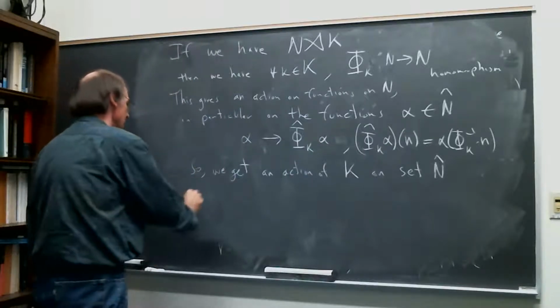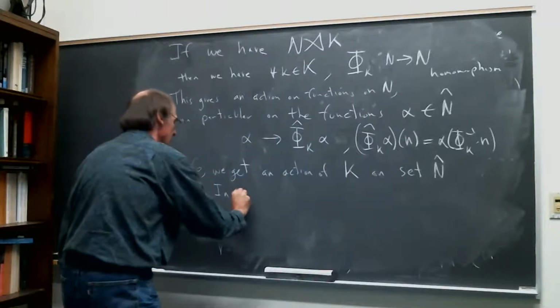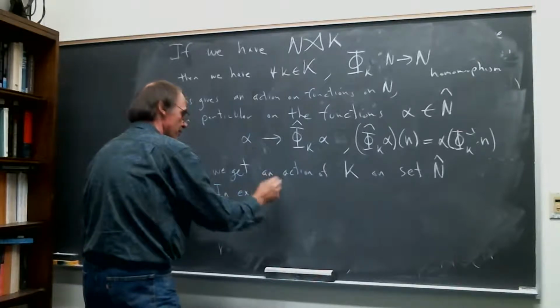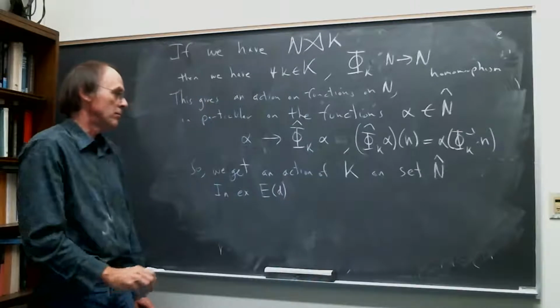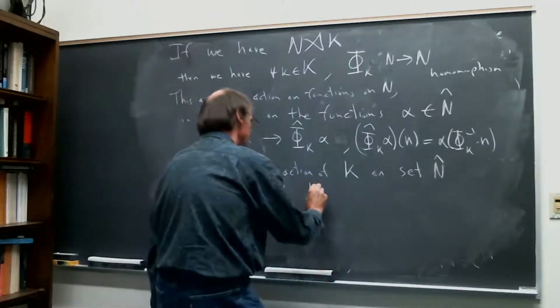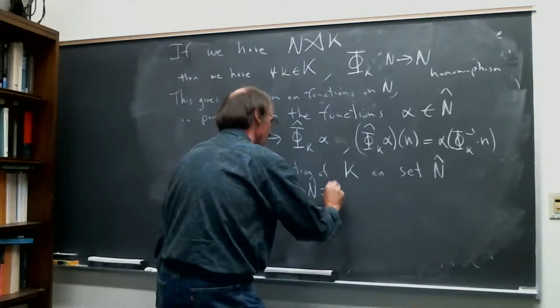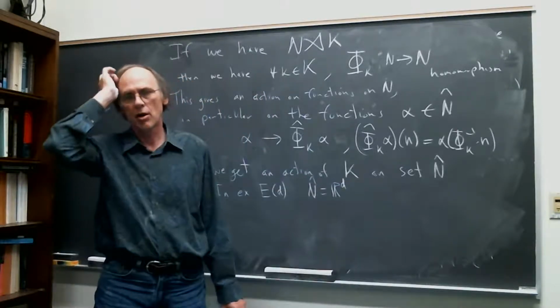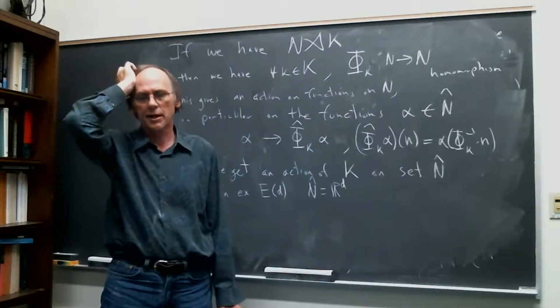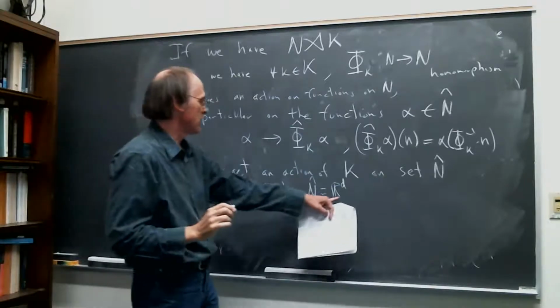And in the example of E of D, then n hat is R^D, and this I work out in the notes. You can check the details there, but you can figure out what's going to happen.